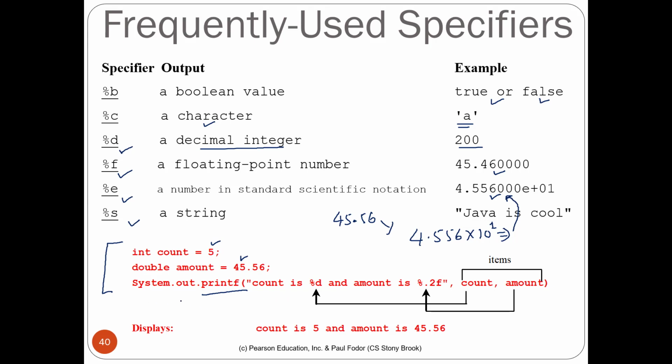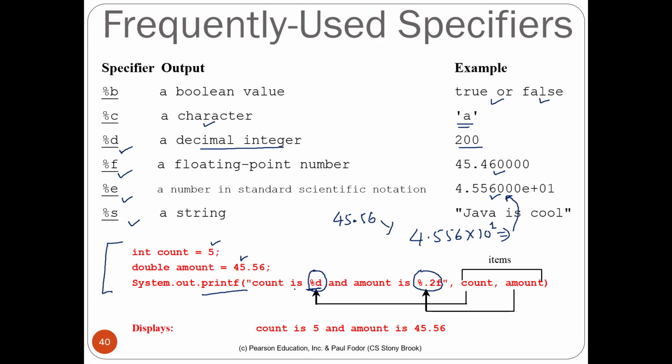So you should say System.out.printf, and then let's see how we are using it. You're saying count is percentage d and the amount is percentage f. So what will happen when you run this statement?